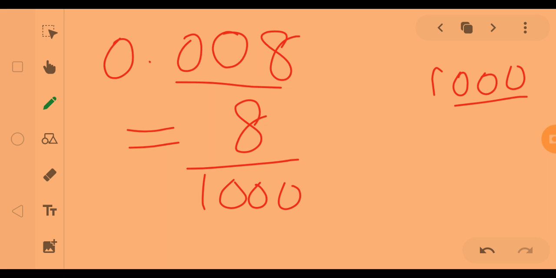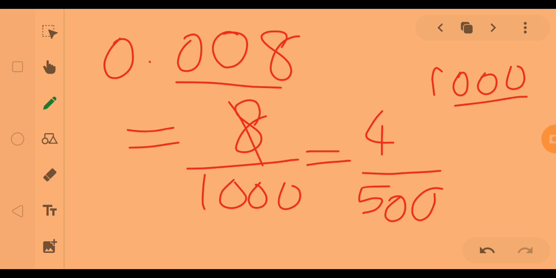Then we try to reduce this number into the lowest term. Both are even numbers, so we can cancel by 2. Half of 8 is 4, half of 1000 is 500, and again 4 and 500 are even numbers. We can reduce further. Half of 4 is 2, half of 500 is 250.